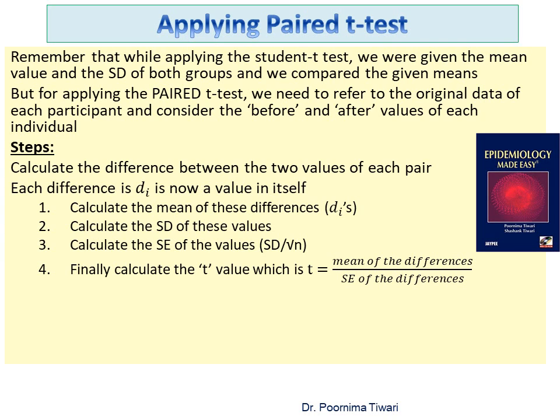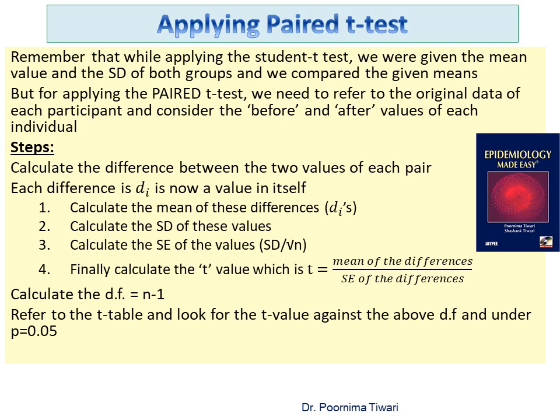Finally, we calculate the t-value, which is the mean of the differences divided by the standard error of the differences, both of which we have calculated in the previous steps. Next, we calculate the degree of freedom, which is n minus 1. N is the number of participants.